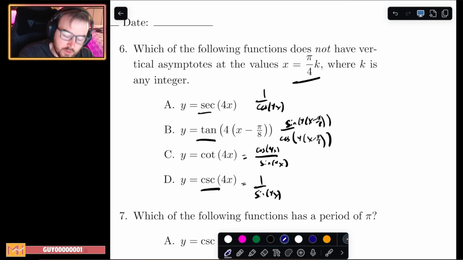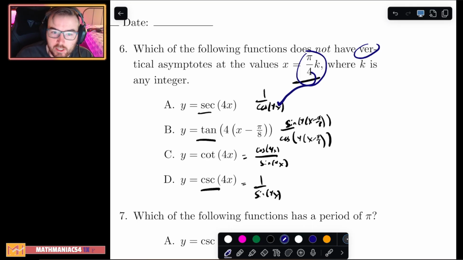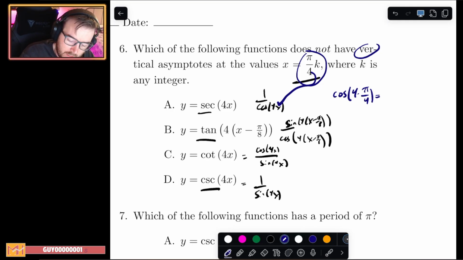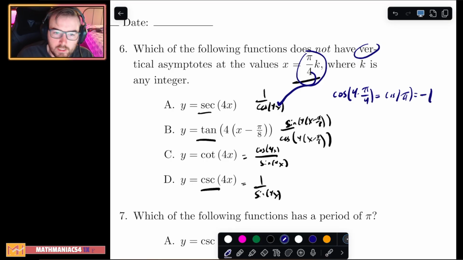If we have a vertical asymptote at pi over 4k, that means when I plug pi over 4 in, I would get 0, because dividing by 0 gives me a vertical asymptote. So this very first one, if I plug in pi over 4, what do I get? Cosine of pi. What's cosine of pi? -1. Oh, I didn't get 0.